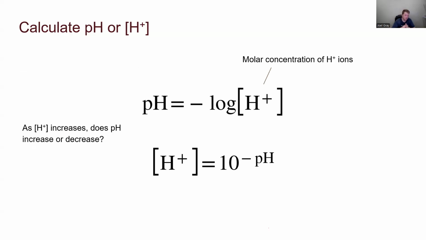So calculating pH is kind of tricky. The pH is your measure of the basicity or acidity of a solution, and that is equal to the negative log of the hydrogen ion concentration. Oh man, what?